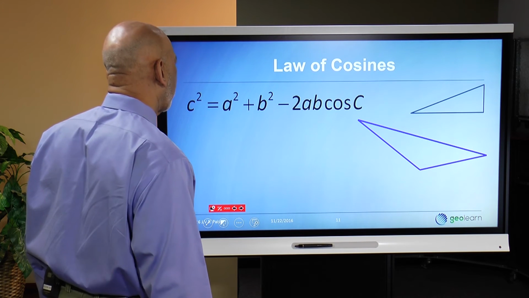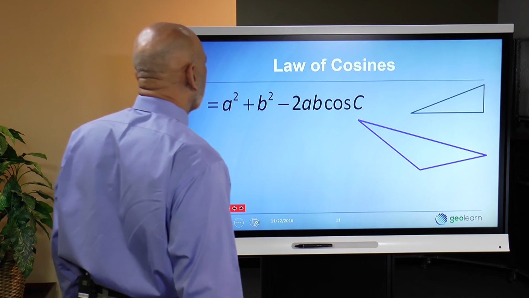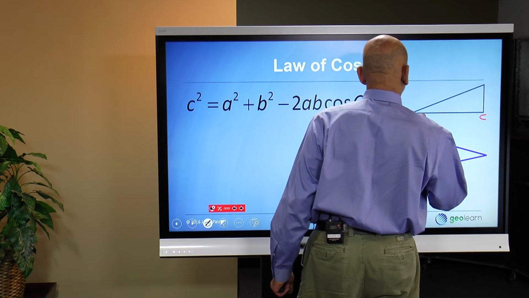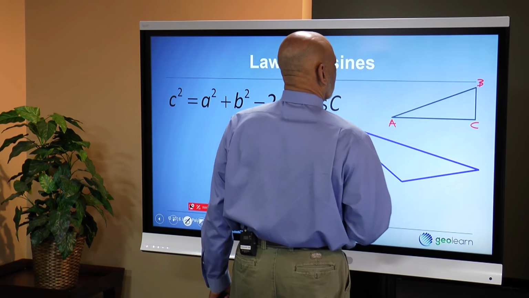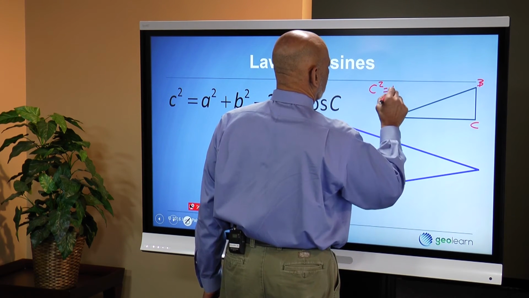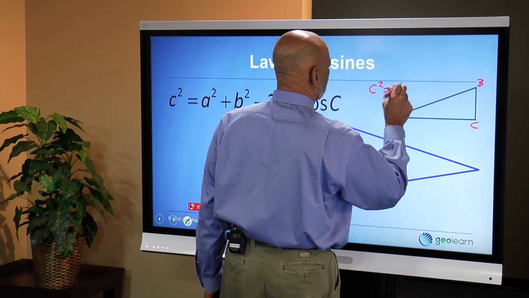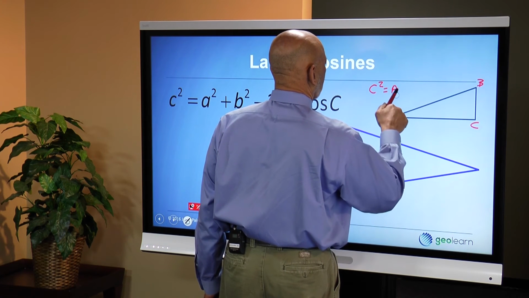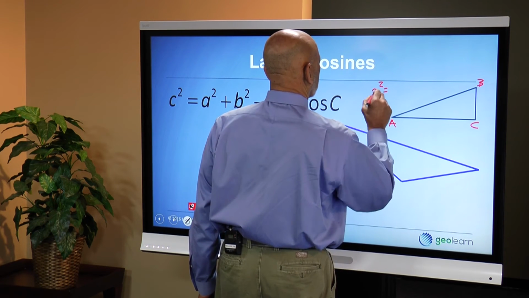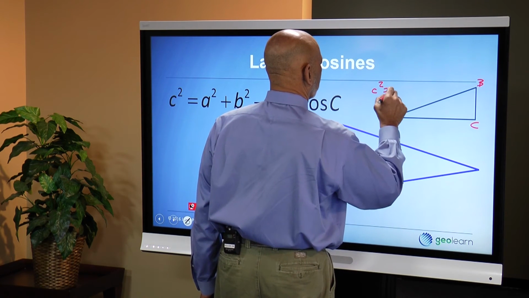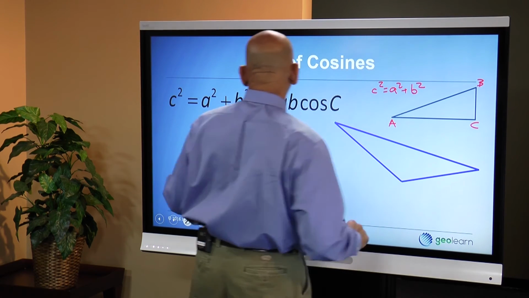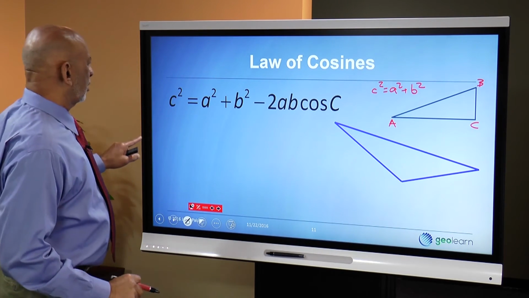You all know the Pythagorean theorem, and many people remember it this way: c squared, the hypotenuse, is equal to a squared plus b squared. Now you see the similarity here.